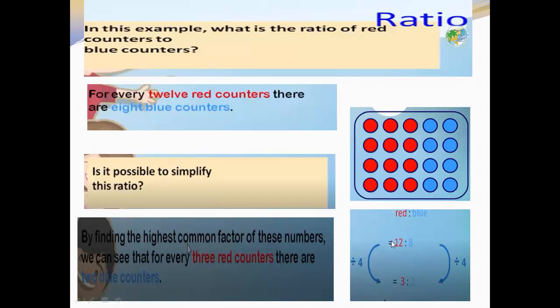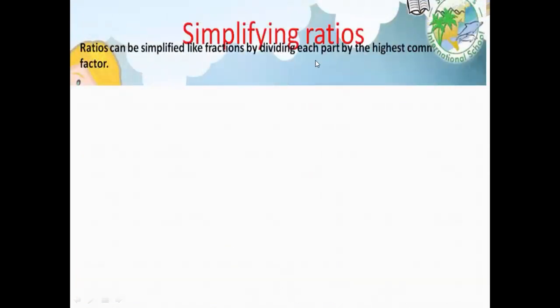Divide by 4: 12 divided by 4 equals 3, 8 divided by 4 equals 2. Then the ratio between them is 3 to 2.